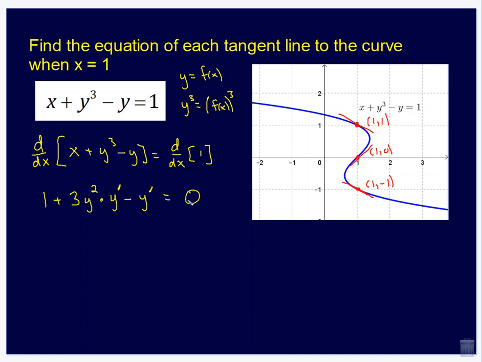And so there is my differentiated equation, but I like to get it solved for y prime now. And since 2 of the 3 terms contain y prime, we're just going to subtract 1 to the other side and leave everything that contains y prime here. I'm going to factor out the y prime.